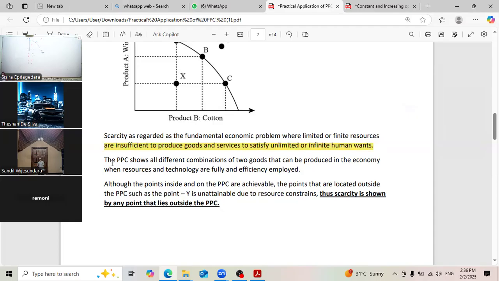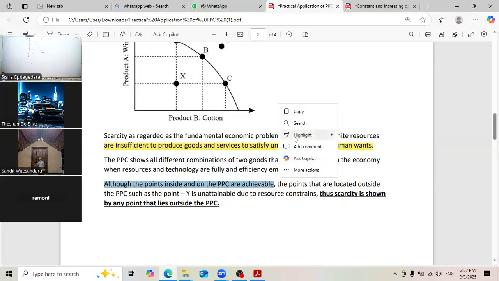Second one, the PPC shows all different combinations of two goods that can be produced in an economy when resources and technology are fully and efficiently employed. Although, this is important, the points inside and on the PPC are achievable. They are attainable points, Lamai. We can achieve them.